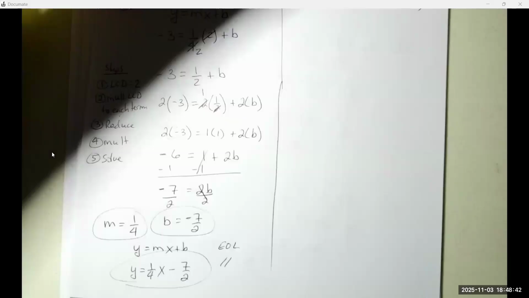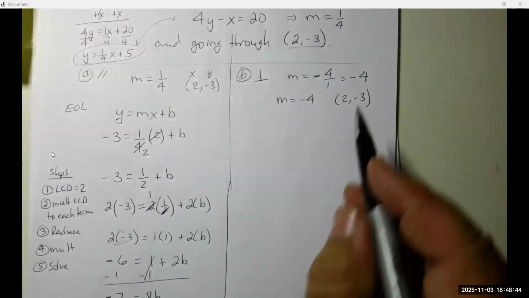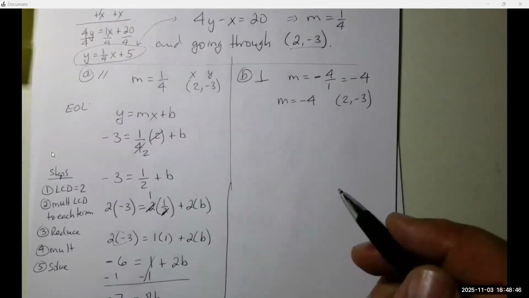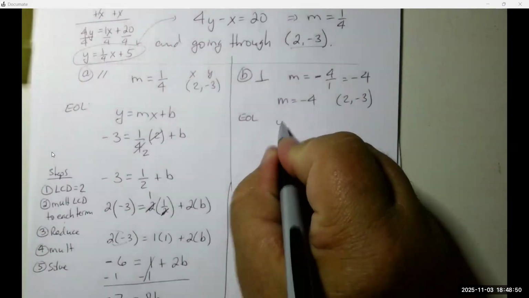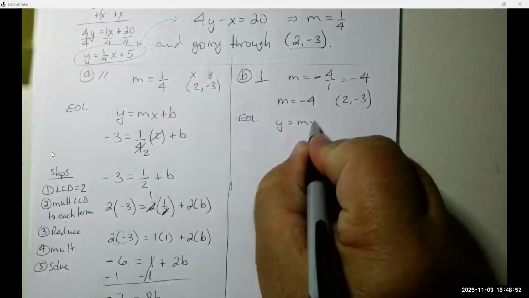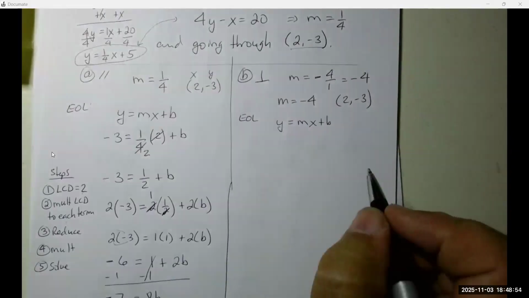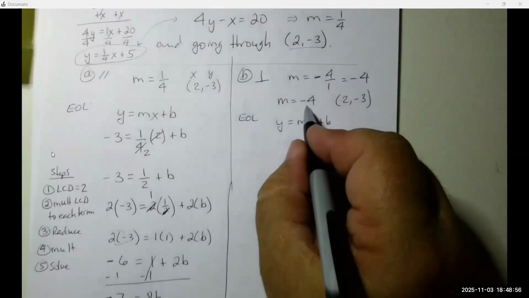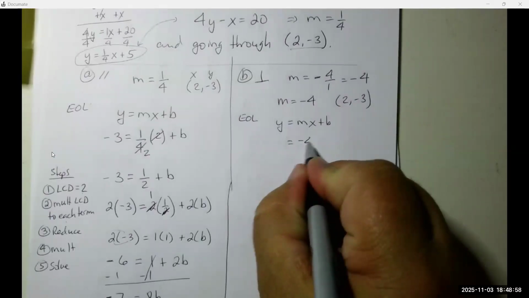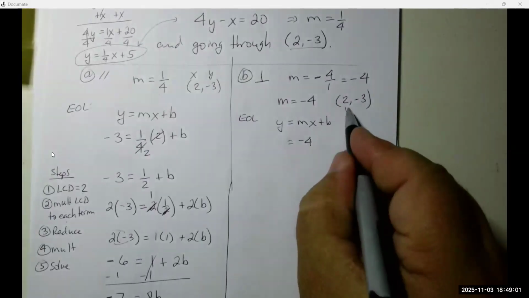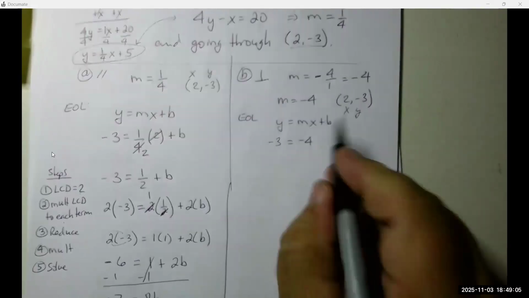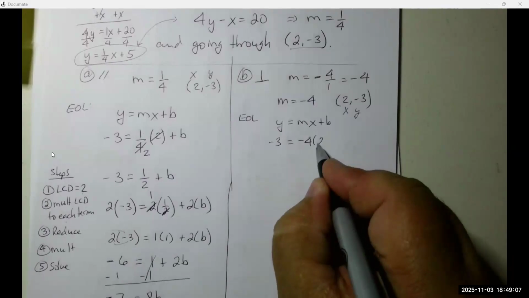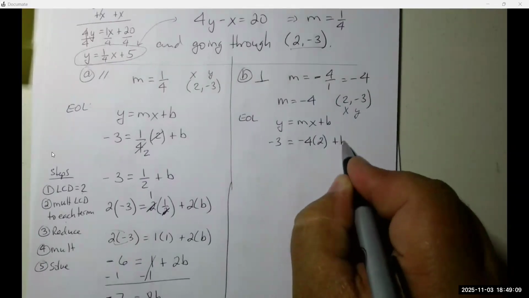All right, so let's do the perpendicular one now. We have to find the equation of the line. So we do the same thing we just did: y = mx + b. We have our m, which is -4, our x, and our y. So y is -3, x is 2, plus b.